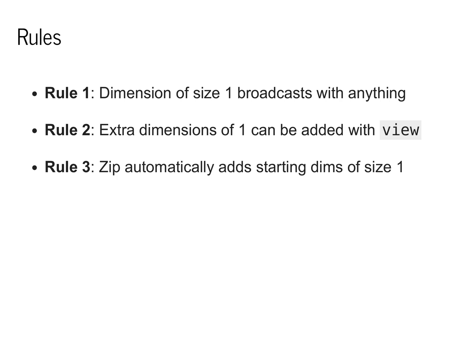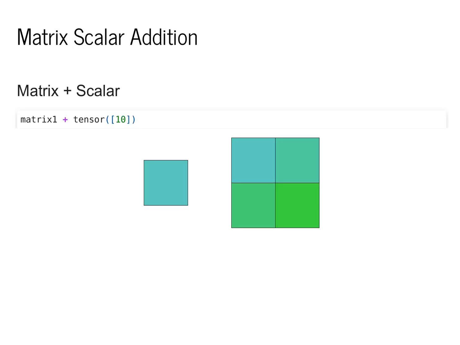If we apply these 3 rules, we can determine whether 2 tensors can broadcast and what the output shape will be. So let's look at some examples. If we have a matrix and a scalar tensor, do they broadcast together? Well, here the matrix is of shape 2 by 2, and the tensor is of shape 1. Rule 3 tells us that we're always allowed to add extra dimensions of shape 1 to the left.